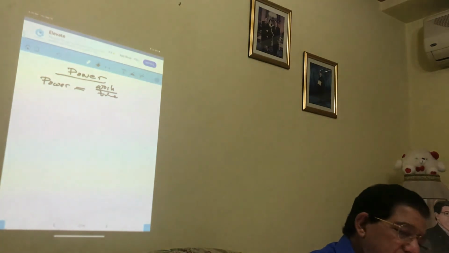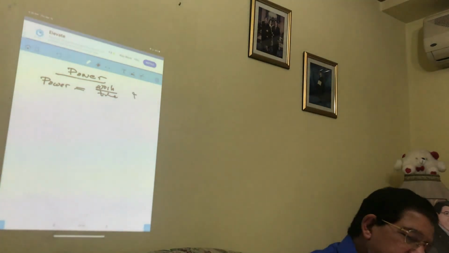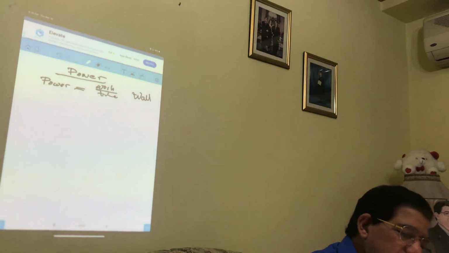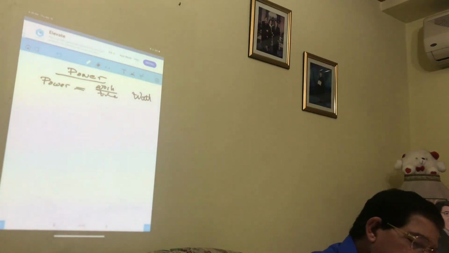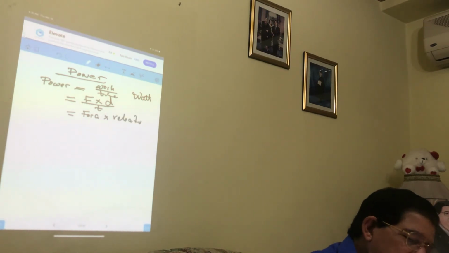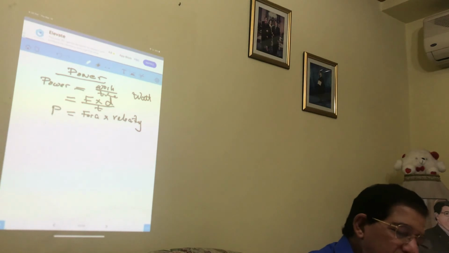And power, of course, in units is watt. And we know that power equals work over time, which is force times distance over time, equals force times velocity. This is a very interesting rule.